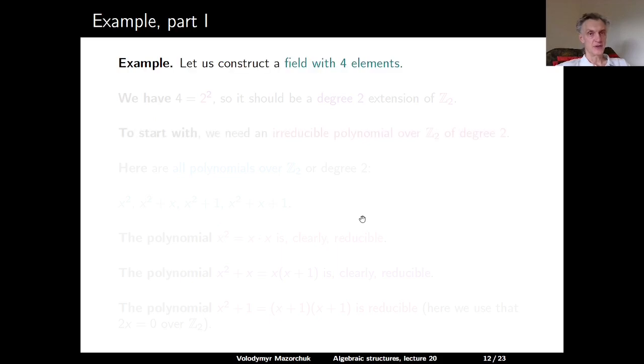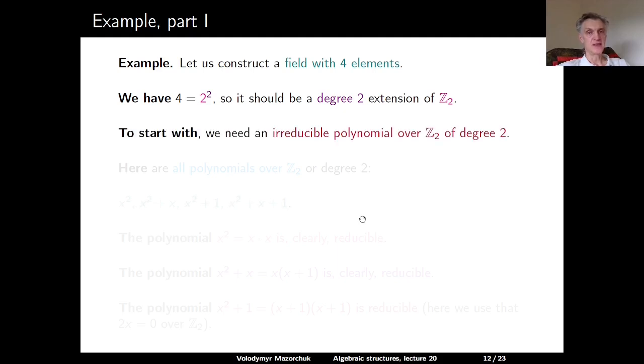Here is an example. Let us construct a field with 4 elements. 4 is 2 to the power 2, so we should be looking for a degree 2 extension of the primary field Z2. And for this, we need an irreducible polynomial over Z2 of degree 2.